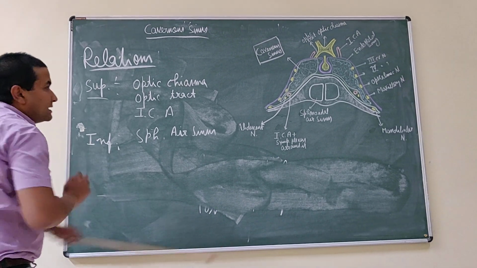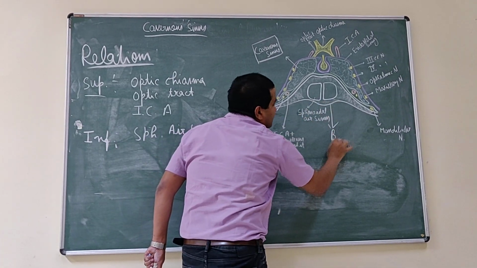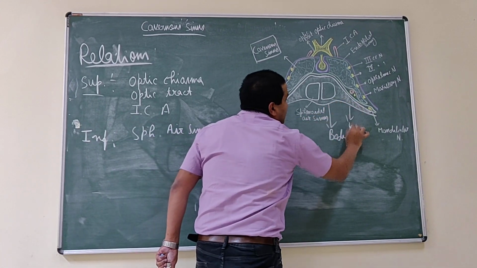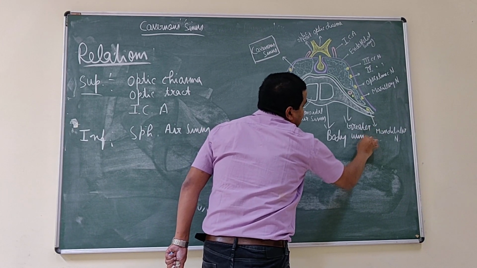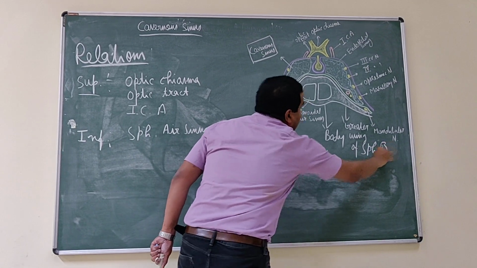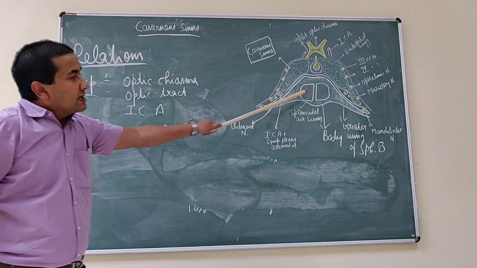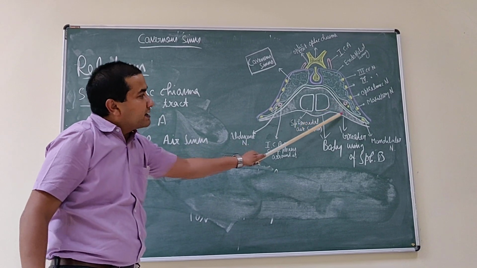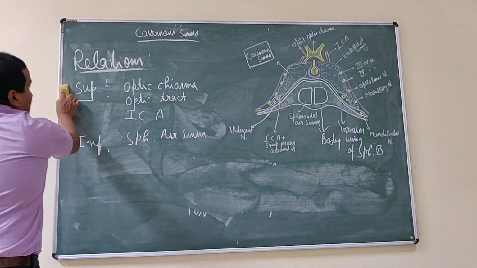Inferiorly it is related with this body, and this extension is the greater wing of the sphenoidal bone, the same bone. So inferiorly it is related with the body as well as the sphenoidal sinus, as well as the junction of the body and the greater wing of the sphenoidal bone.